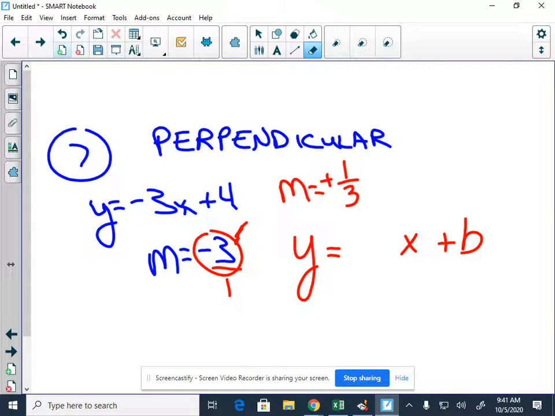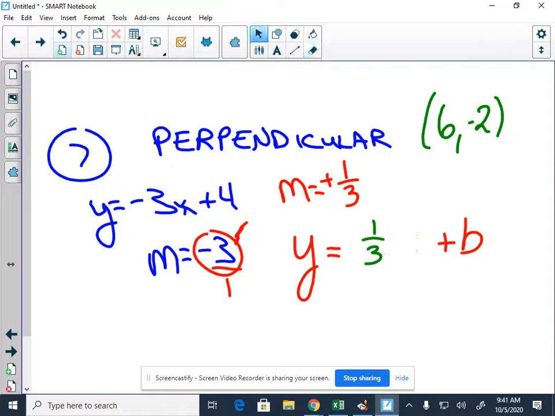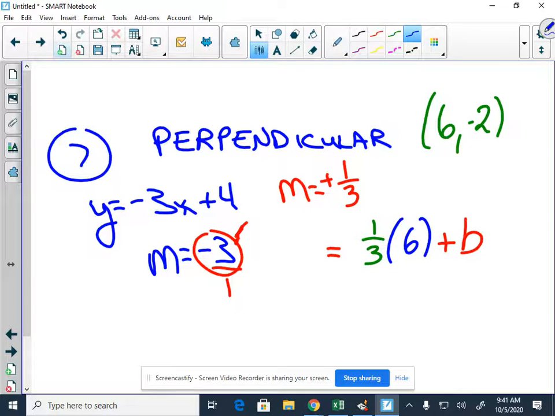We just found m. We'll take m out. We'll put in 1/3. On number 7, we have an x and a y, a 6 and a -2. And take out x. And put in 6. And take out -2.